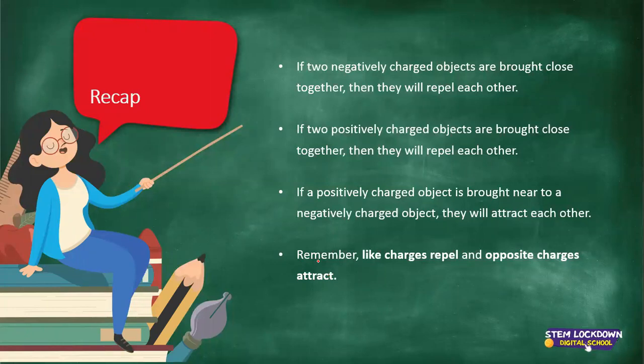And so important for you to remember is that like charges repel and opposite charges attract. So the most important thing over here in the summary for you to remember is that like charges repel each other and opposite charges attract each other.